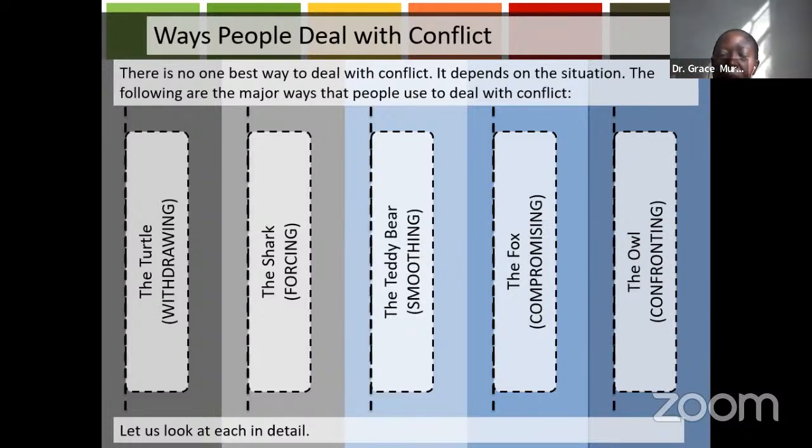Remember, competing, we say domineering. This is a person who comes with the mentality of win and lose. Me, I win, you lose. Like the shark comes, it does not care whether it's a child or an old woman or a young person, when it sees this human being, it sees meat. So the shark is a good explanation of the competing style.